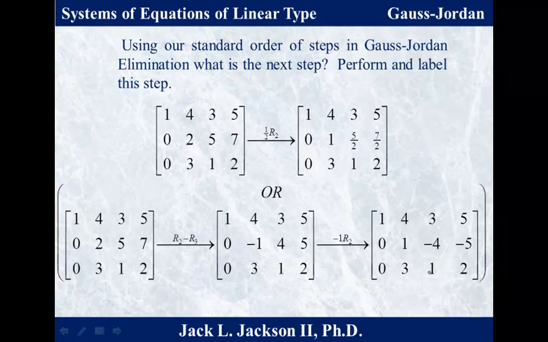So we would actually end up with the same thing in row 2, but now instead of this in row 3, that way would end up with what we have in row 2 down here in row 3. Either way would work. Or you can just do the standard, multiply by half.